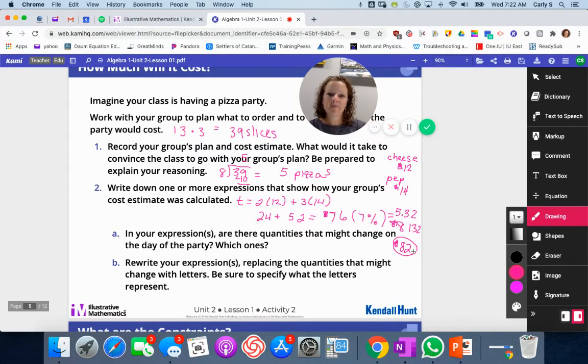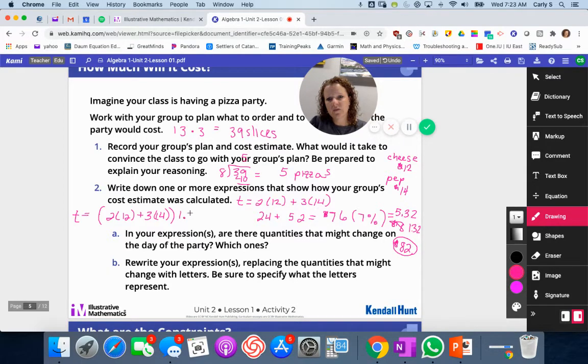Write down one or more expressions that show how your group's cost estimate was calculated. Check, we did that. It's sort of messy, but our total cost is big parentheses, 2 times 12 plus 3 times 14, forgot the 1, times 7%.